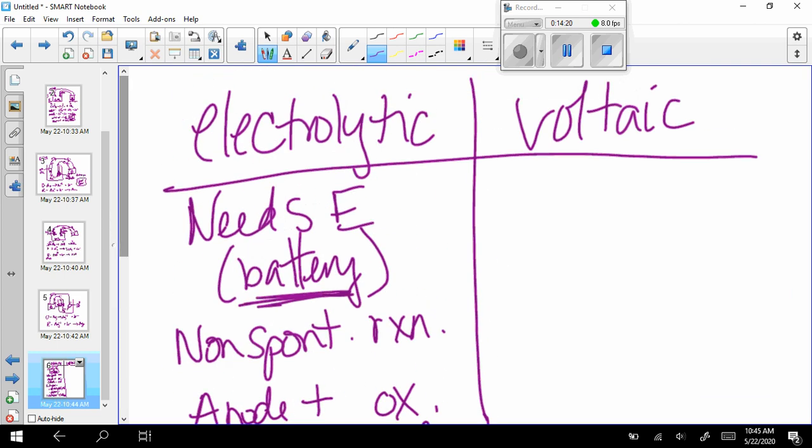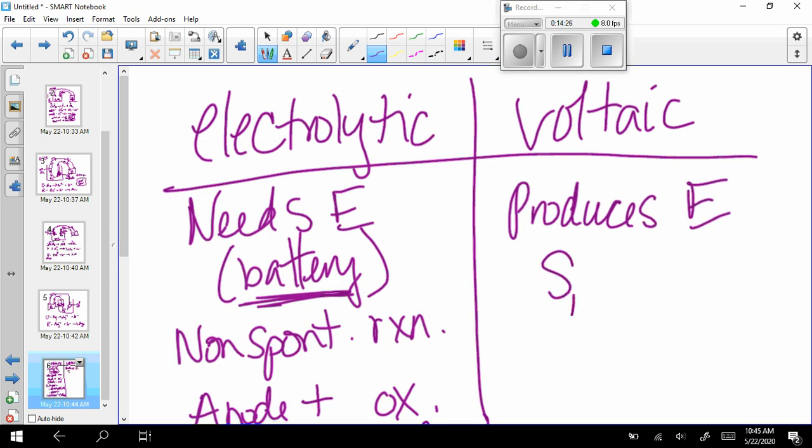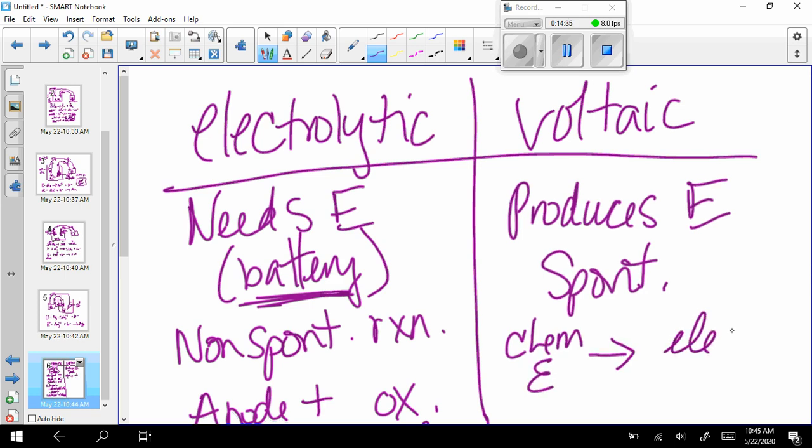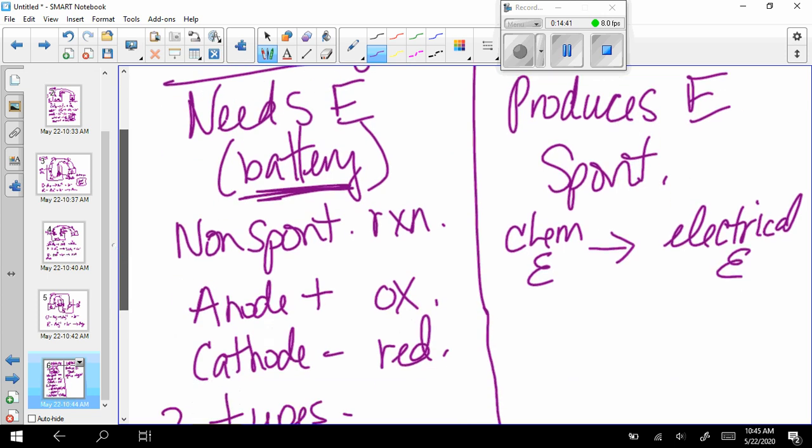All right, over here on the voltaic side, this produces energy. That's because it is a spontaneous reaction. So it uses a chemical reaction and uses the chemical energy to make electrical energy, whereas electrolytic did the opposite.